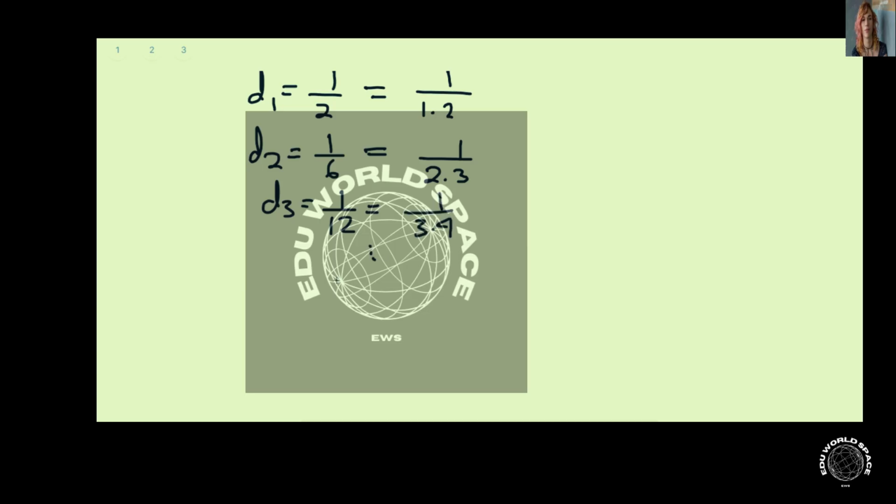And using this pattern, it looks like dn, the diameter of the nth circle, should be 1 over n times n plus 1. So this is true, and it can also be verified using mathematical induction.